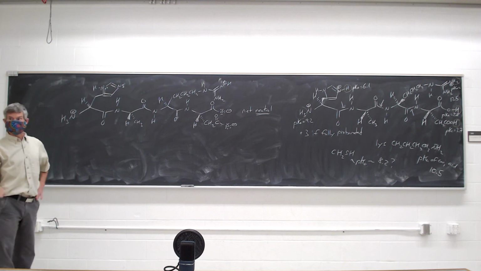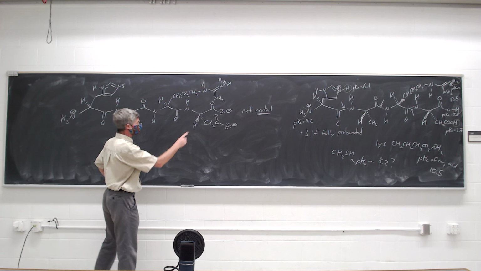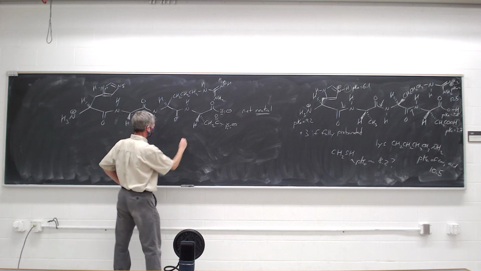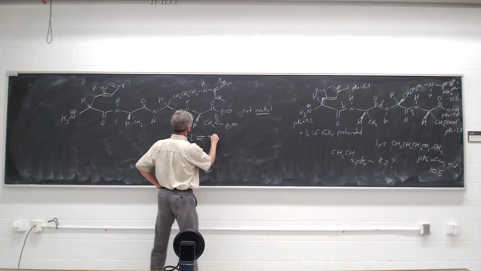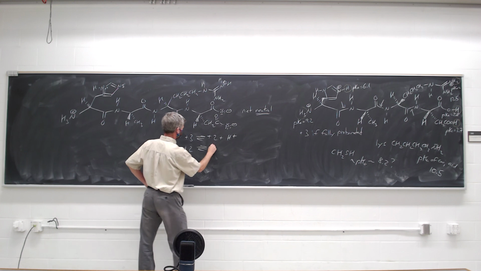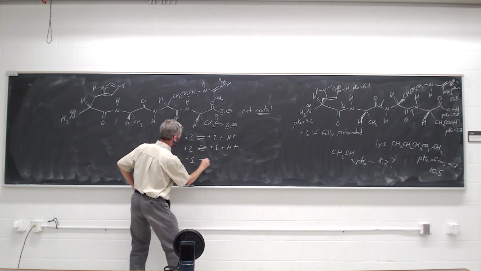So now we need to do the pI. And so we need the 2 equilibria that involve this one. We don't care about this, or this, but we do care about these.